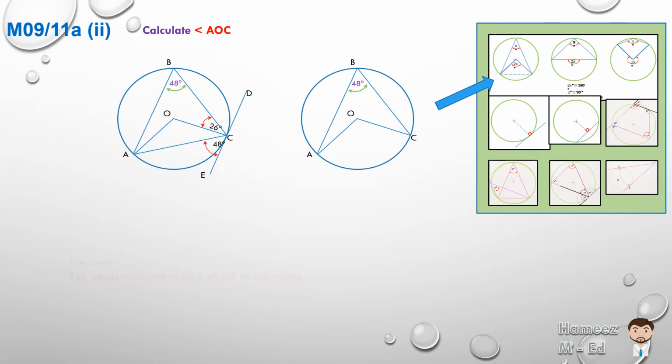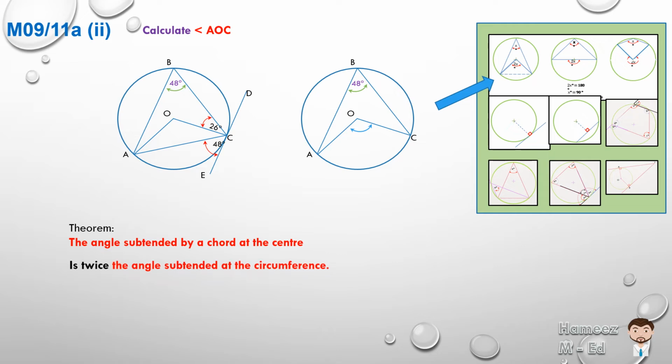And we can apply the theorem. The angle subtended by a chord at the center, which is AOC, is twice the angle subtended at the circumference. So angle AOC, which is at the center, is equal to 2 times angle ABC.